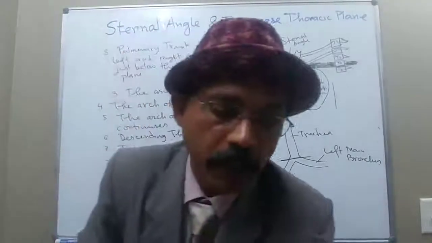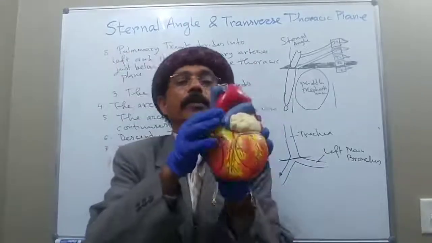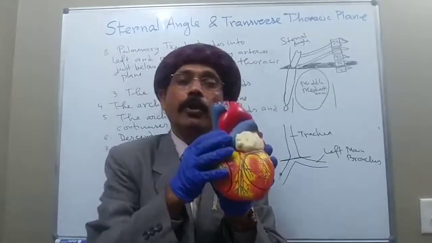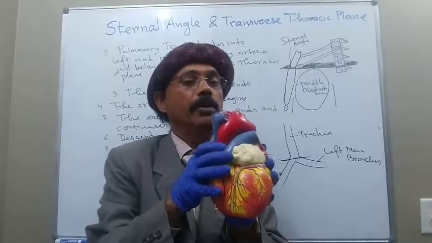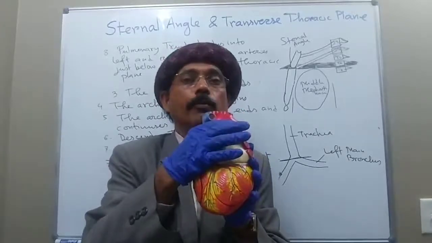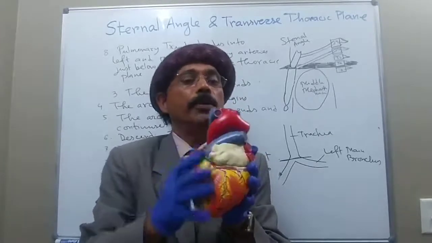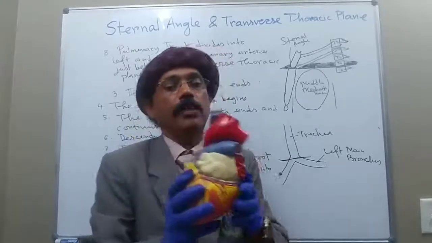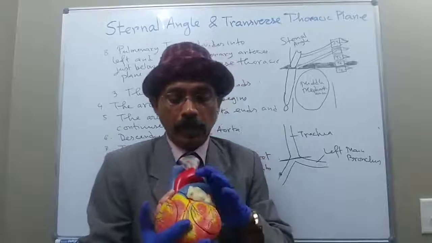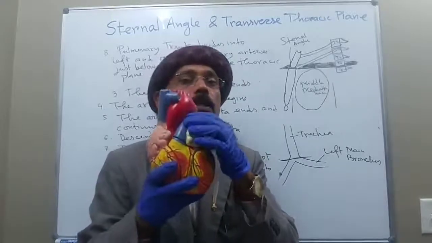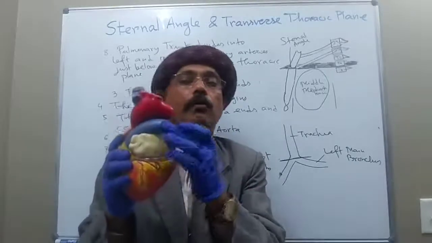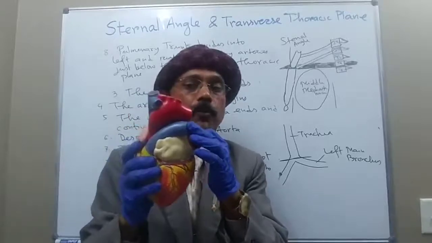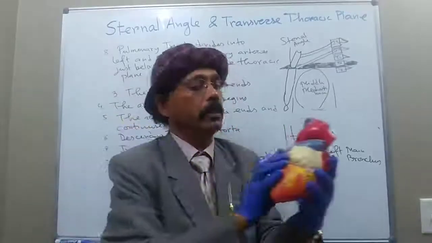So if you go to the heart, the ascending aorta, the content of what mediastinum? Middle mediastinum. Arch of the aorta, content of what mediastinum? Superior mediastinum. Descending thoracic aorta, content of posterior mediastinum. Below the arch of the aorta, we have the pulmonary trunk. It has two divisions, the left pulmonary artery and right pulmonary artery.